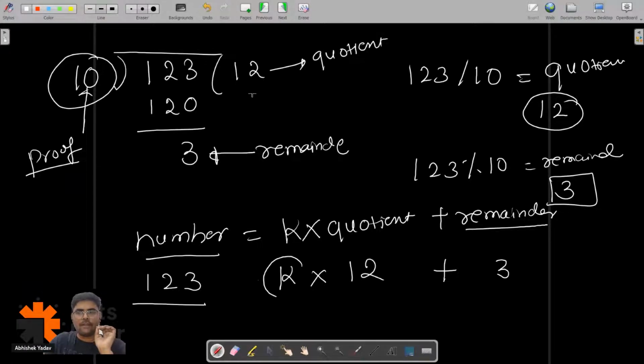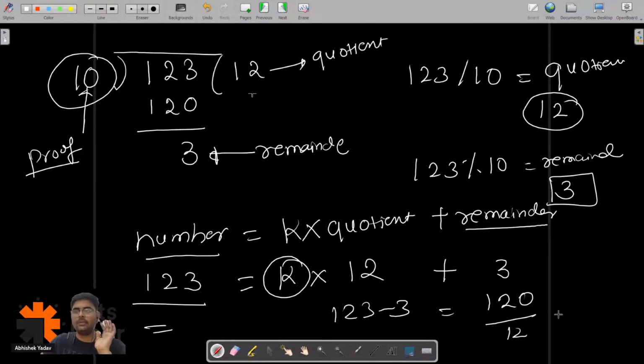So you have to find the value of k. You can find it like this: 123 minus 3 gives 120, and 120 divided by 12 gives 10. So that's why you are taking modulo with 10, right?